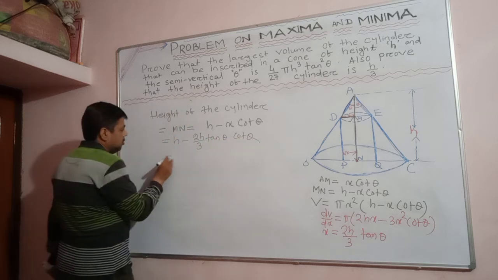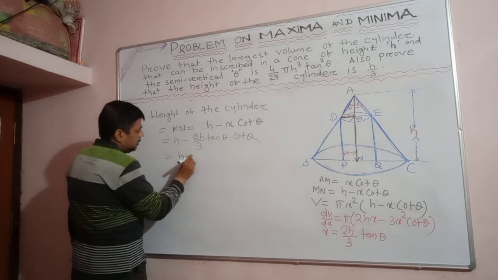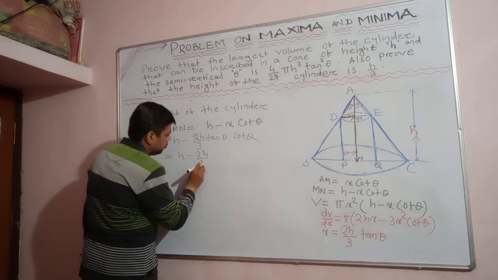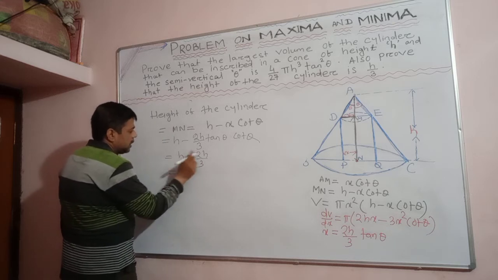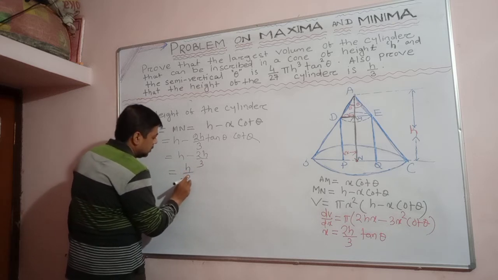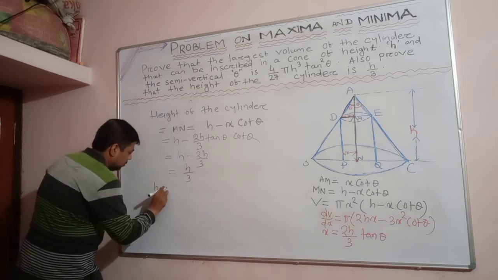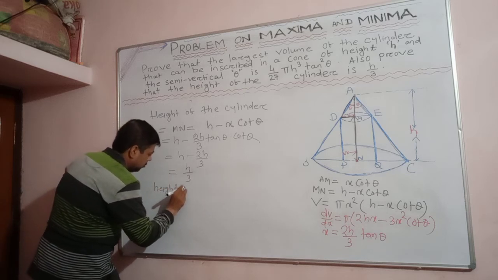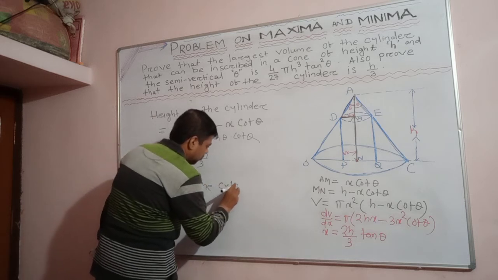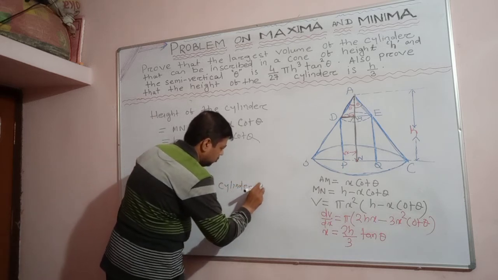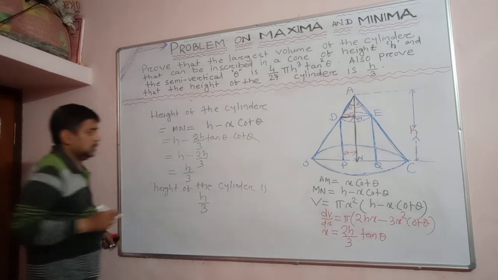Tan theta and cot theta cancel to 1. So it will be h minus 2h upon 3, which is equal to 3h minus 2h, h upon 3. Hence the height of the cylinder is h upon 3. Is it clear?